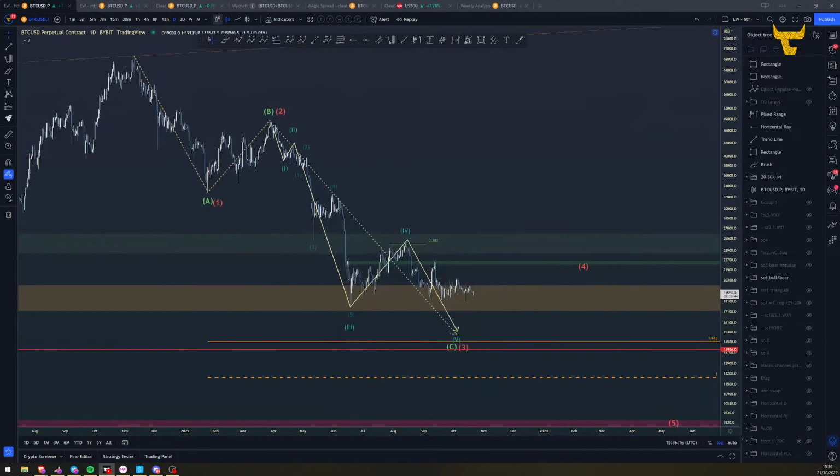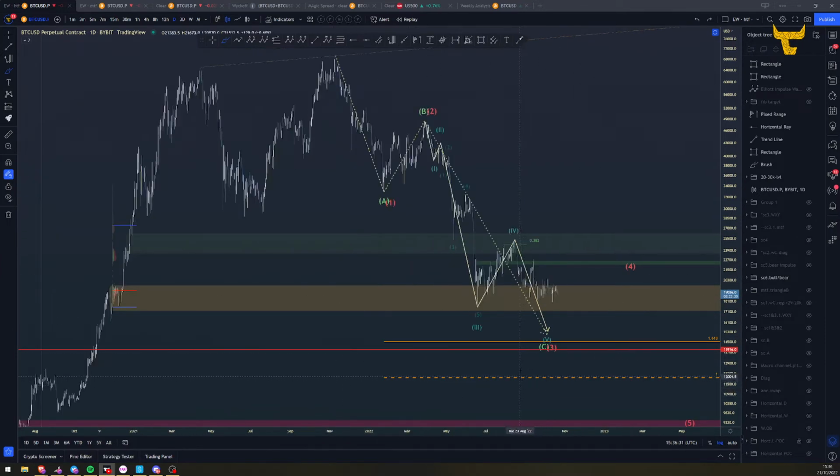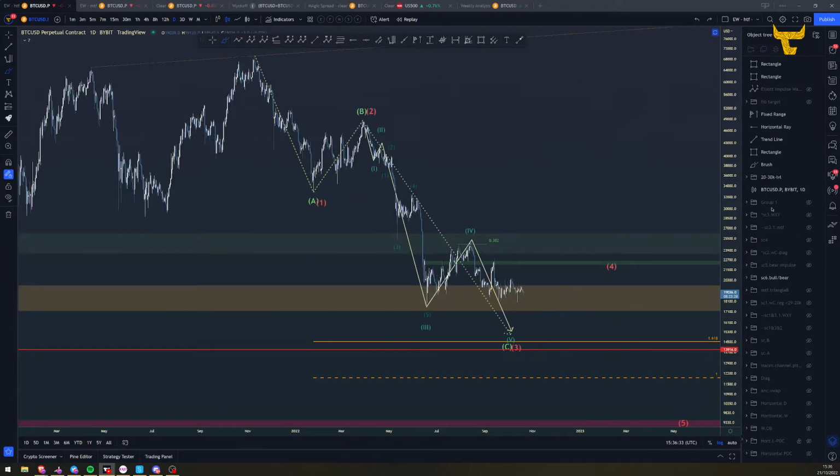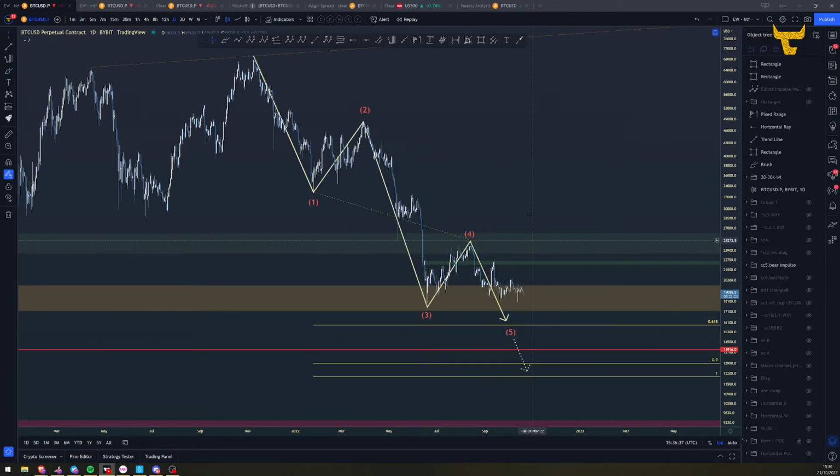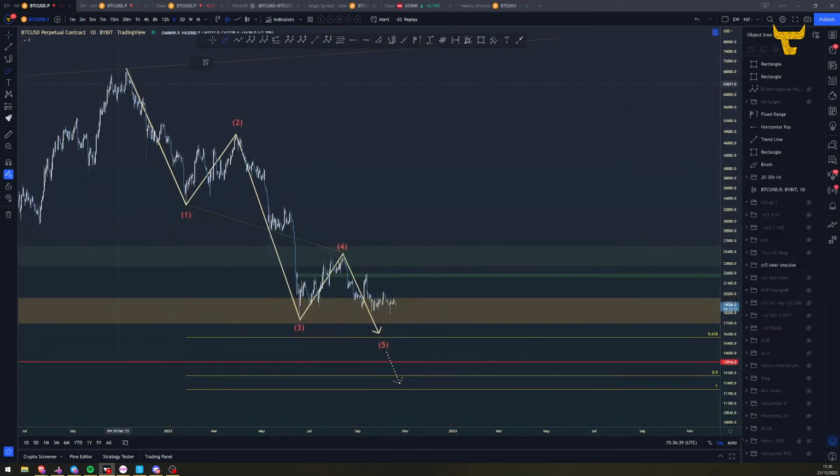All of them suggest we have better chances of being at a bottom or close to a bottom, at least a local low. Because even in the bearish ideas, like a bearish impulse here, well, this could see a lower target, obviously, as a 5.